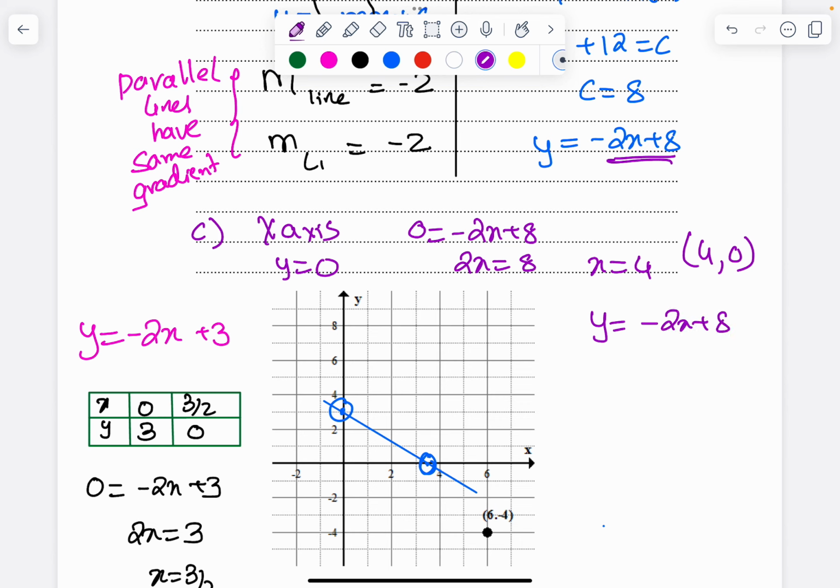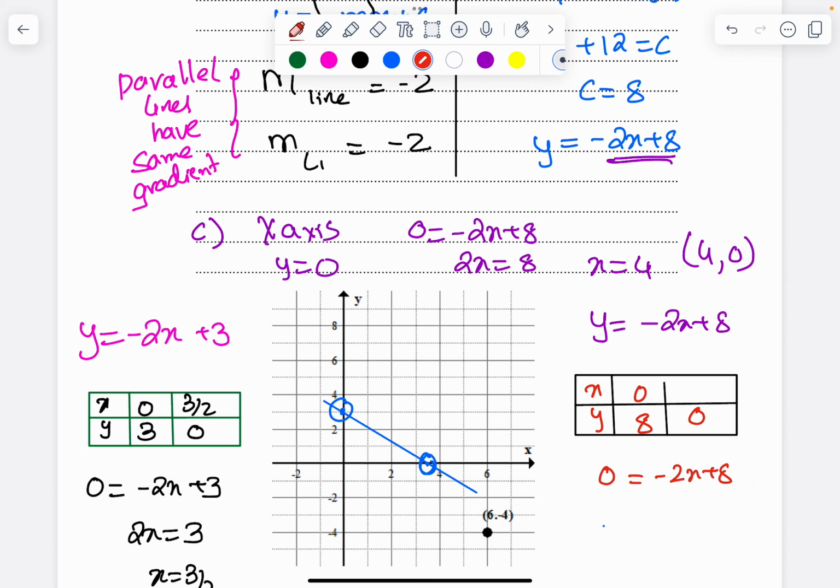We need to frame the table for that. In order to get the straight line, first make x 0 or y 0. If x is 0, y is 8. If y is 0, minus 2x plus 8 equals 0, so 2x equals 8, x equals 4.